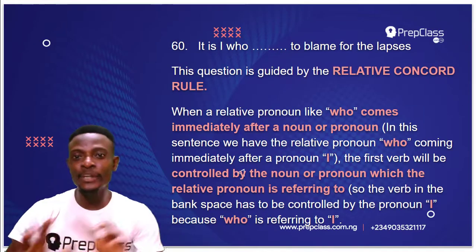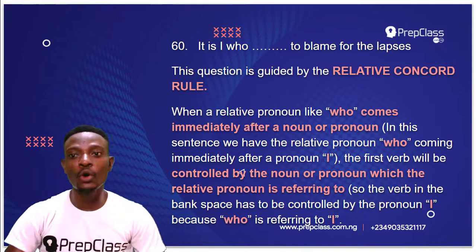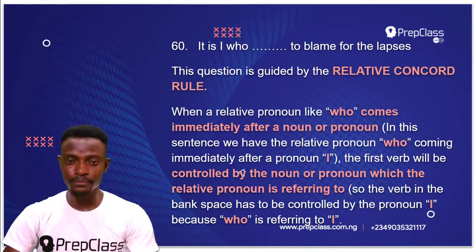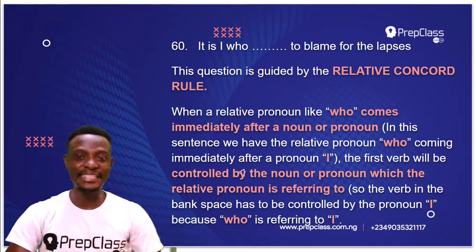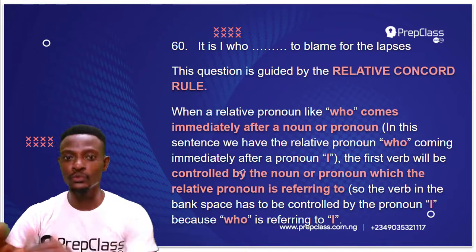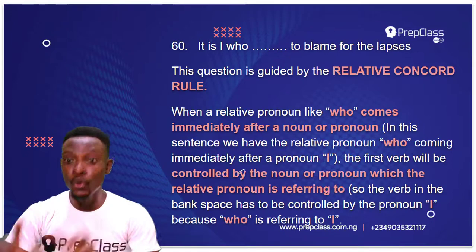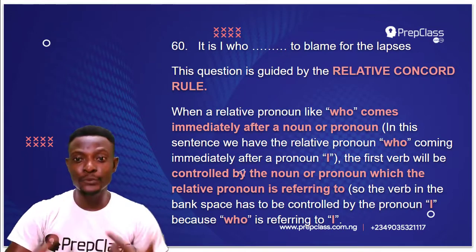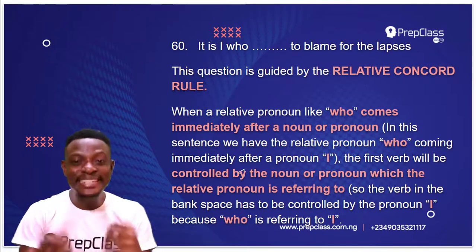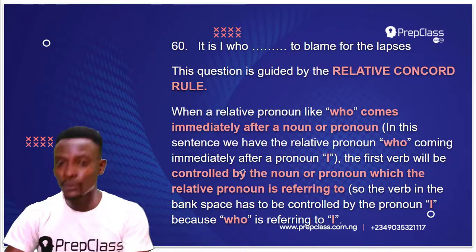Now, this question is guided by the relative concord rule. When a relative pronoun like who comes immediately after a noun or pronoun.